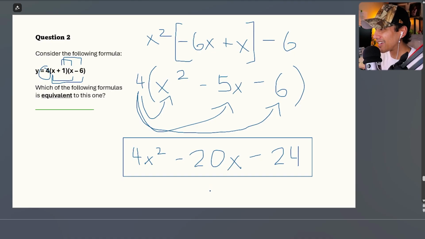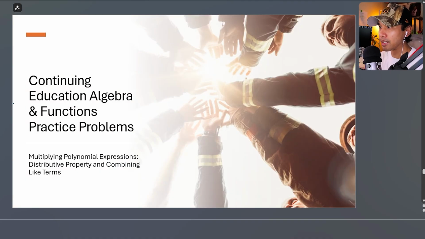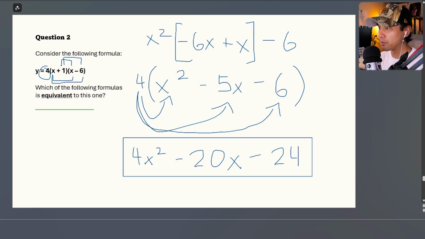How cool is that? All right, so did we get that here? We use the FOIL method to multiply this, with the parentheses times parentheses. This is multiplying polynomial expressions, right? This is the polynomial expression. We multiplied it together using the FOIL method.